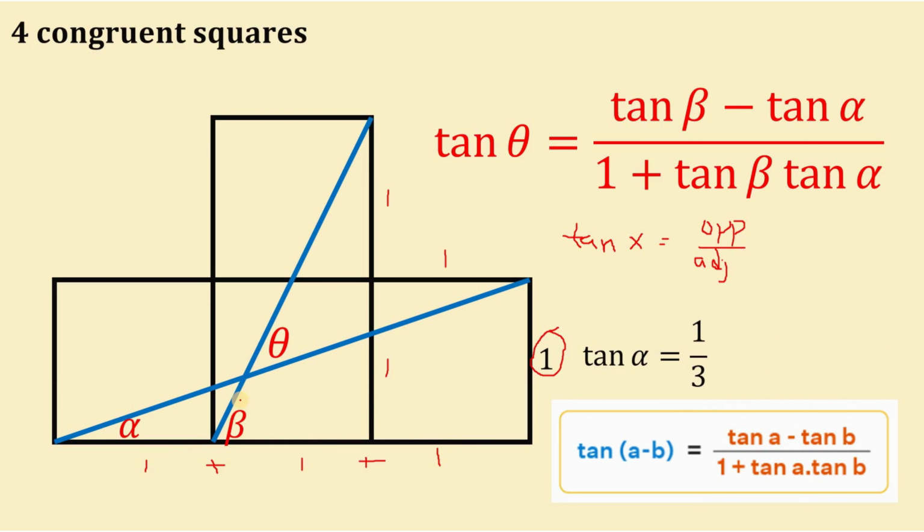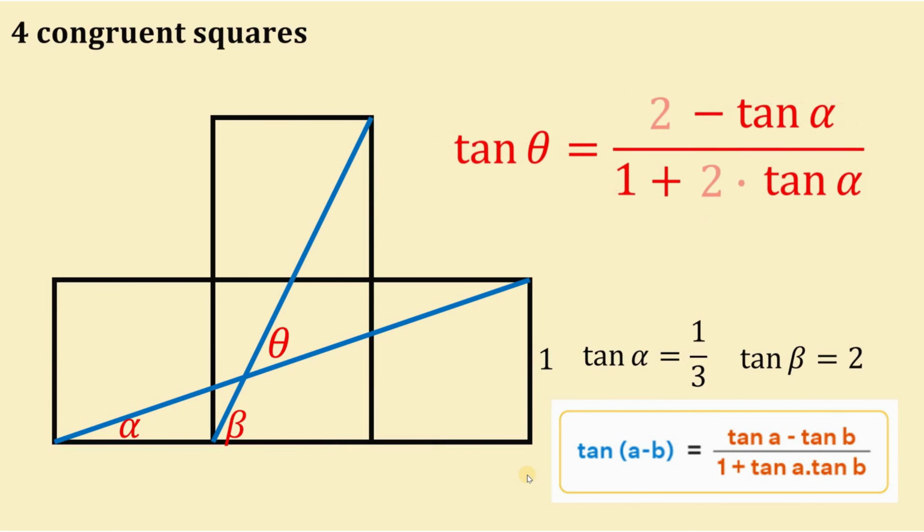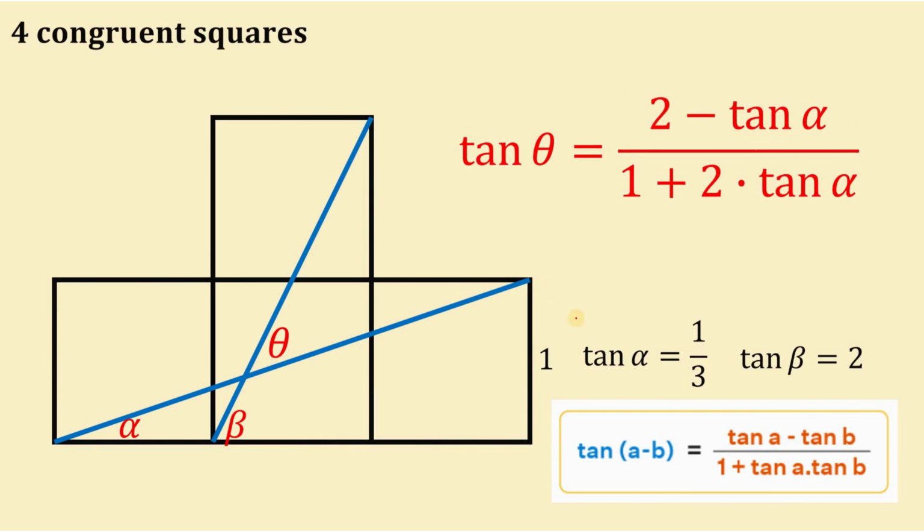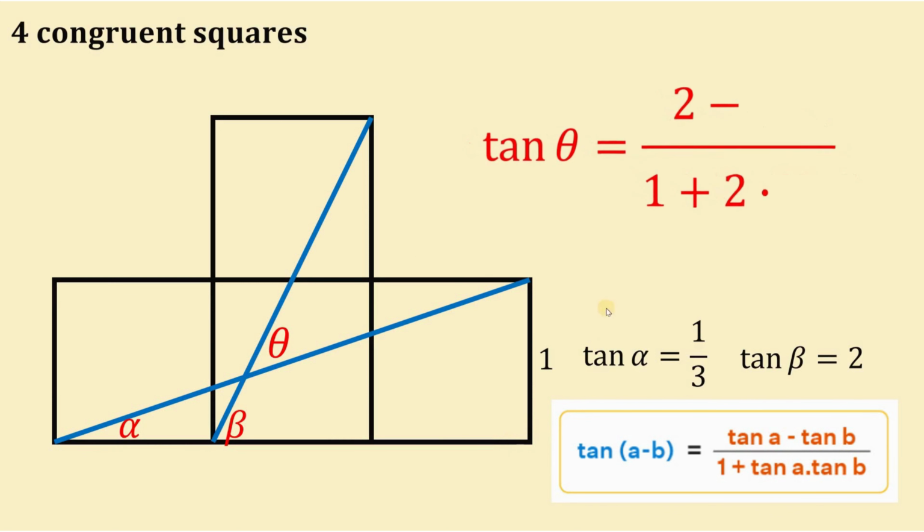Now, how about tangent of beta? For tangent of beta, the opposite side is 1 plus 1, or simply 2, all over 1, or simply 2. So tangent beta equals 2. Now, let's replace tangent of beta with 2 and tangent of alpha with 1/3.